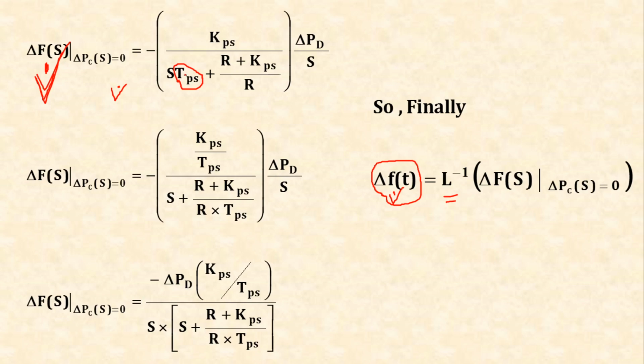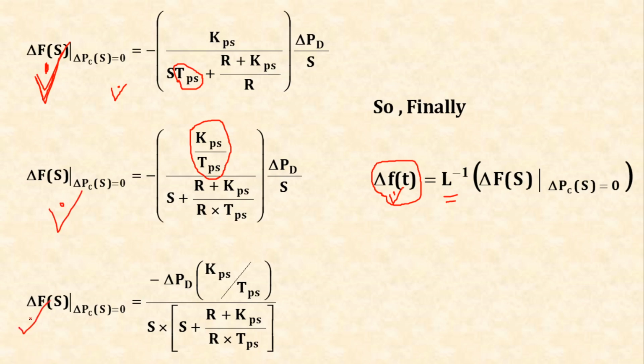To make the coefficient of s equal to 1, I will take Tps as a common term. So Tps will be taken as common, so it will be shifted like this, Kps upon Tps, divided by s plus, again I will take Tps as common, so I have to divide this term with Tps. So it will become R plus Kps divided by R into Tps. So this is our final term to find out the inverse Laplace.